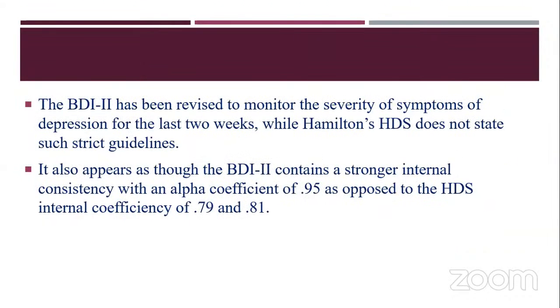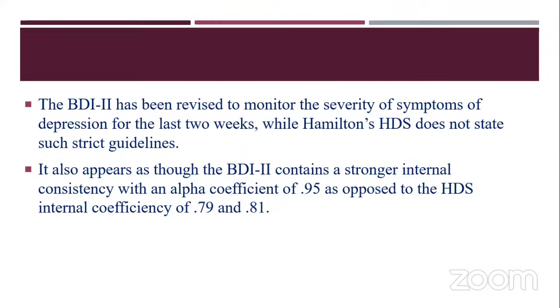Also, BDI-2 has stronger internal consistency, with an alpha coefficient of 0.95, but in the case of HDRS, the coefficient is 0.79 to 0.81. So BDI is generally considered stronger.